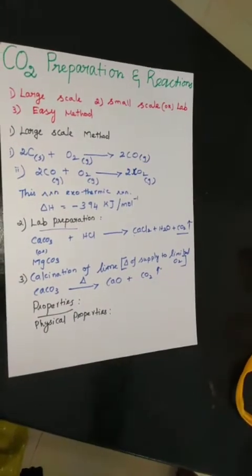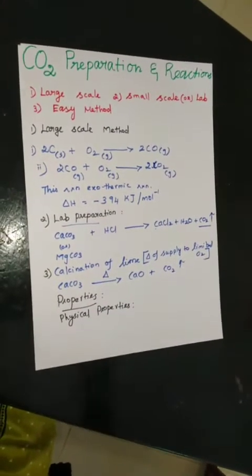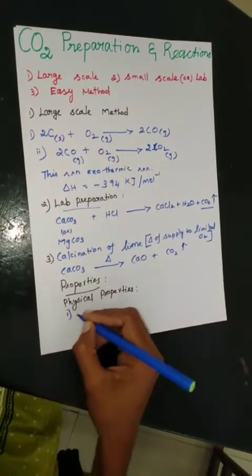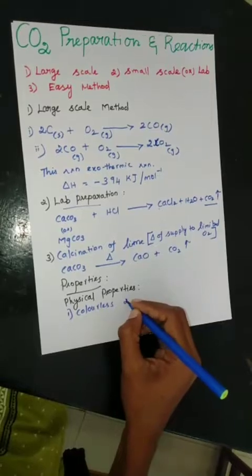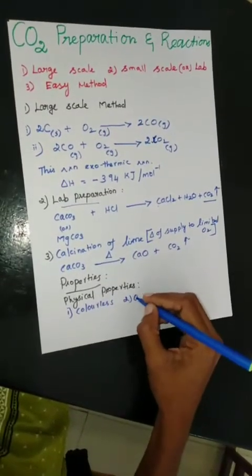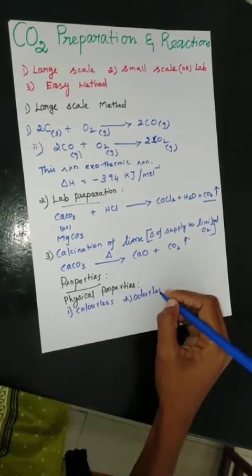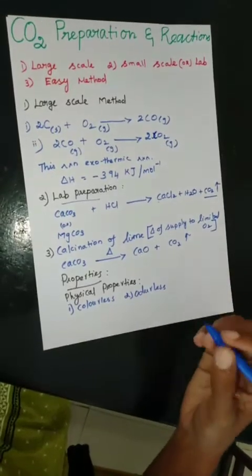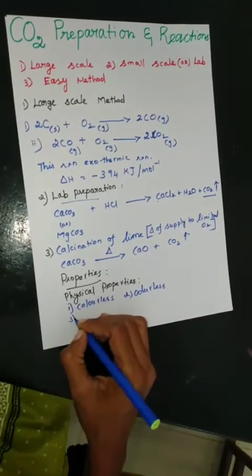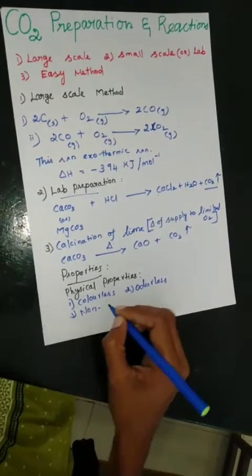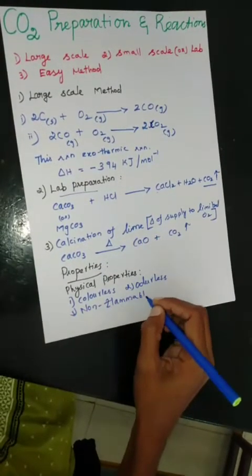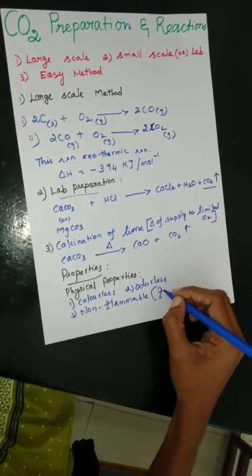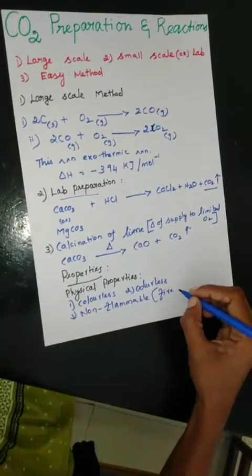So carbon dioxide physical properties என்ன, it is colorless, you already know, and the second one is it is odorless, and the third one is it is non flammable. Which means fire extinguisher.